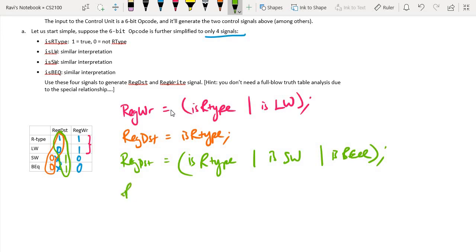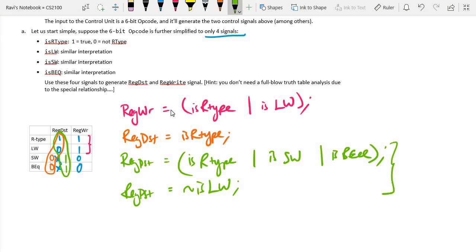The other way of interpreting it is instead of looking at the ones, you look at the zeros. So we know that for register destination, for this combination only load word is 0. So I can say that it is also the complement of the is load word bit. Both of these are logically correct.